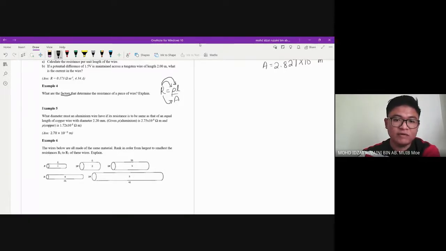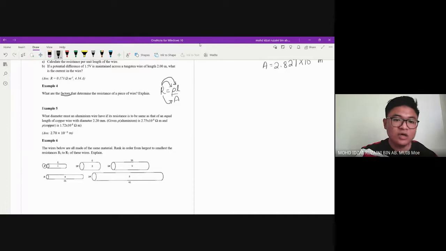Rank in order from largest to smallest the resistance R1 to R5 of this wire. So you have to calculate the resistance for each of these. Here R is not resistance, this is the radius. So the first wire has radius R. The second wire 2R. 2R also. This one is R, the length is different. This one is 2R.